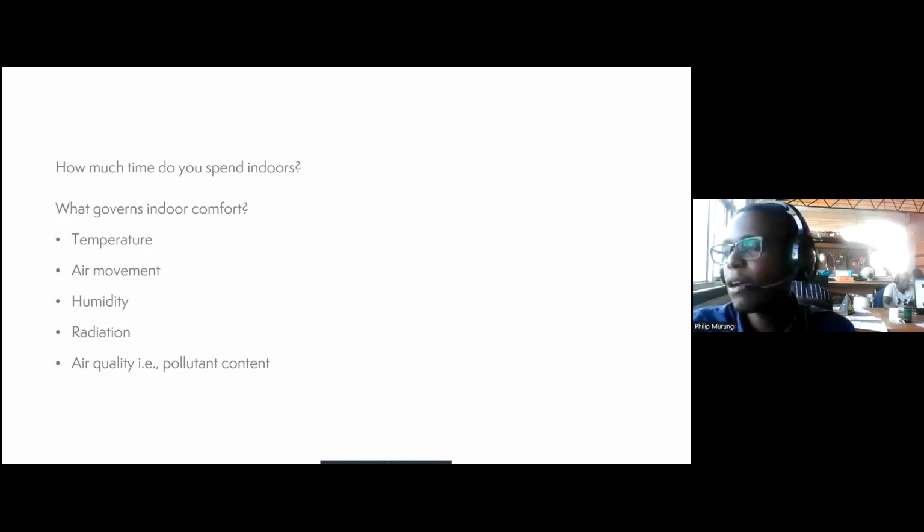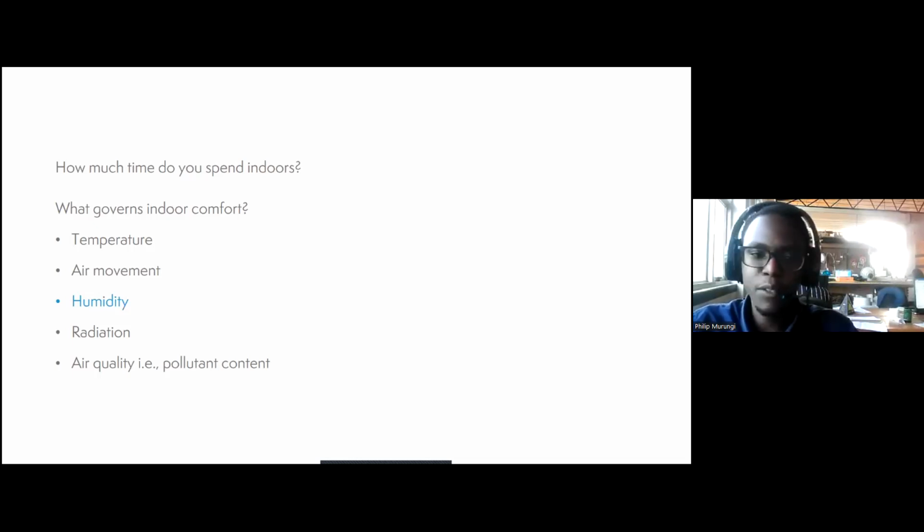Some things are felt more immediately than others. For example, heat, you feel the heat as soon as you get into a room. But there are others which control comfort which are a bit more subtle, especially to those who are not experienced with building. And humidity is one of these.